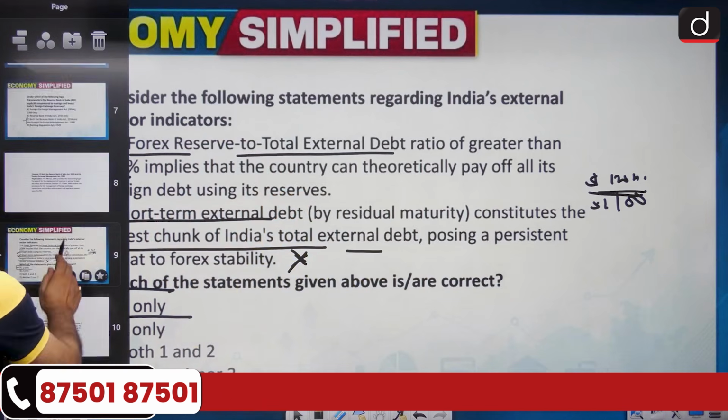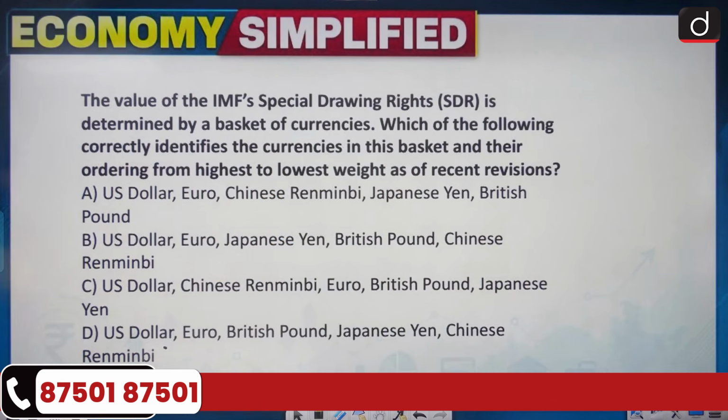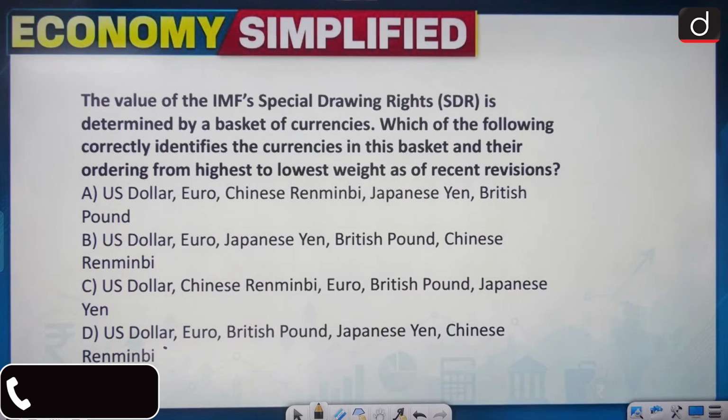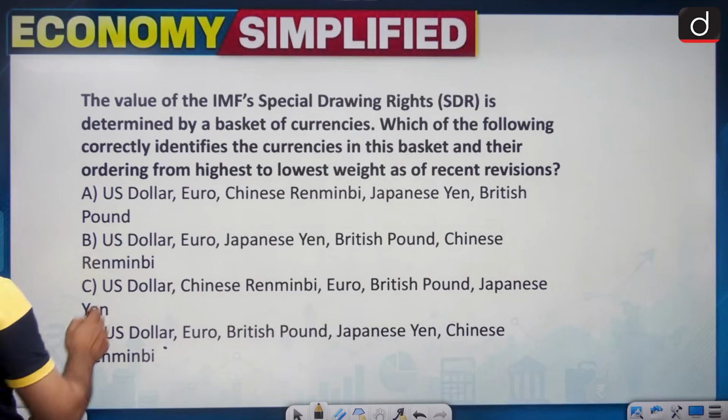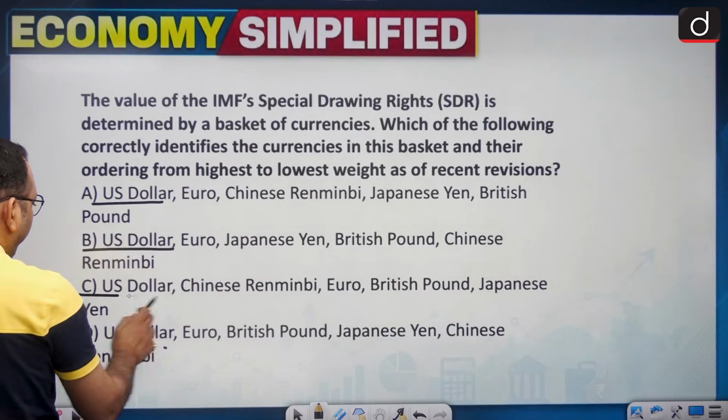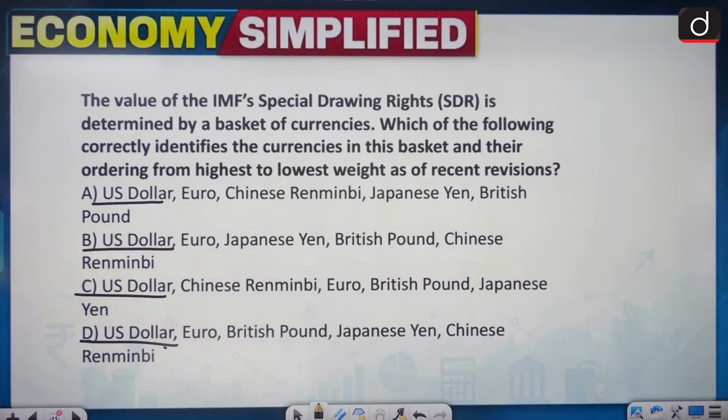The third statement we have is that the value of the IMF's special drawing rights is determined by a basket of currencies. Which of the following correctly identifies the currencies in this basket and their ordering from highest to lowest as per the recent versions? We have just seen that the biggest share of the currency in the SDR is the US dollar. So the US dollar is the first biggest component.